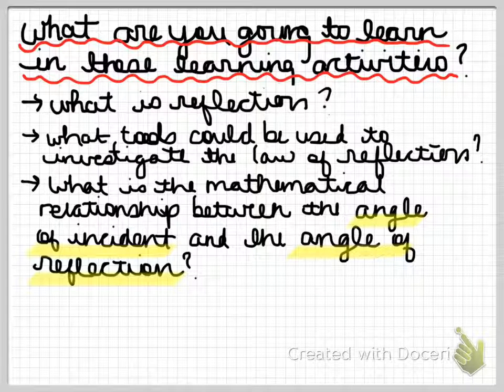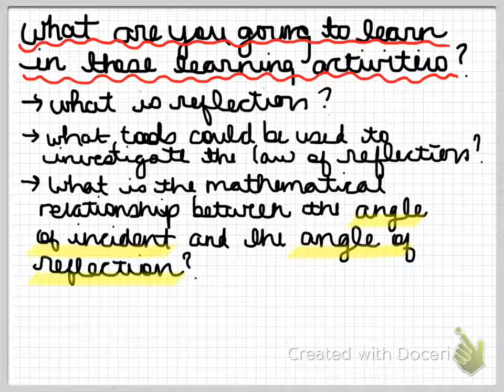So in this video and through the learning activities, you're going to look at some essential questions, and those include: what is reflection? Hopefully by the end of this you'll understand what reflection is. The second one is: what tools could be used to investigate the law of reflection? That's going to be done in the learning activity, where you're doing a hands-on little lab or investigate activity.